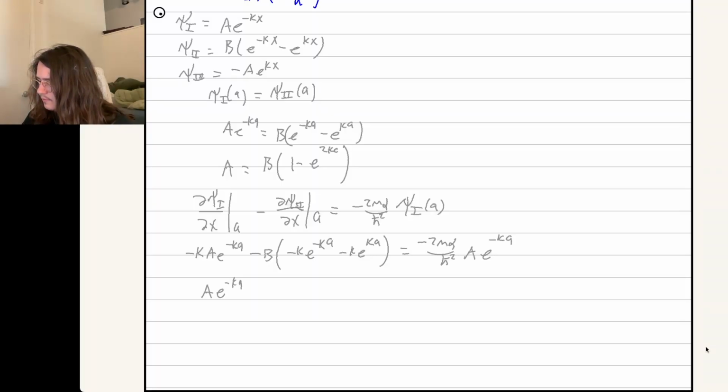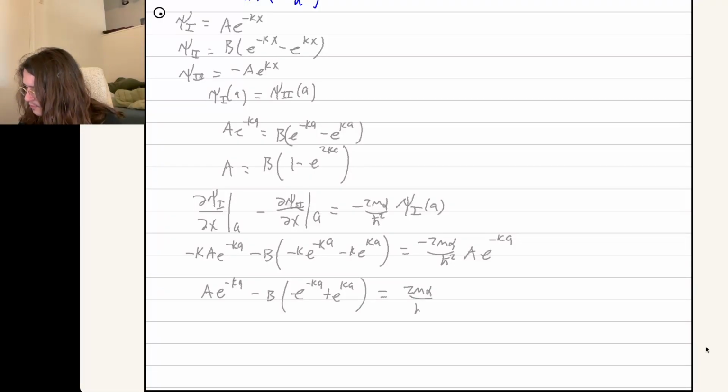And then much like before, we'll divide by a factor of negative k. But it's still pretty gross because we still have a minus b times e to the minus ka plus e to the ka, right? And then this is 2m alpha over h bar squared k a e to the minus ka.